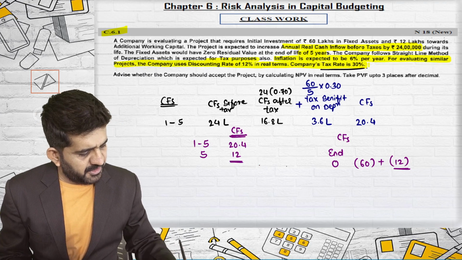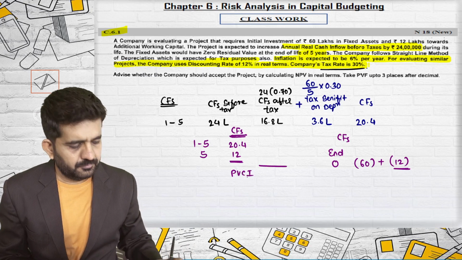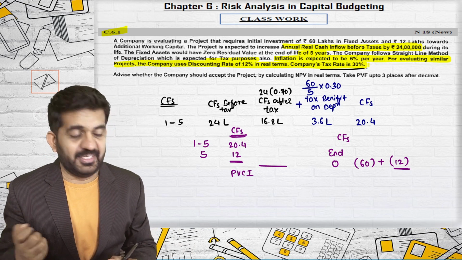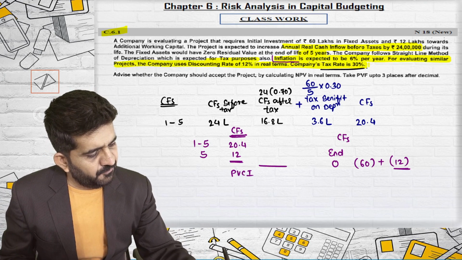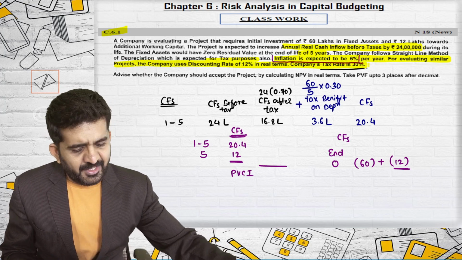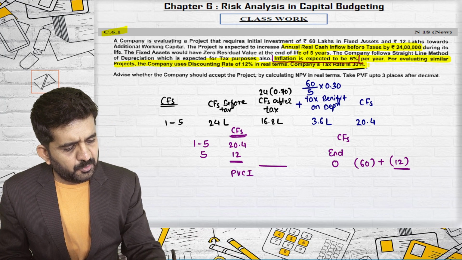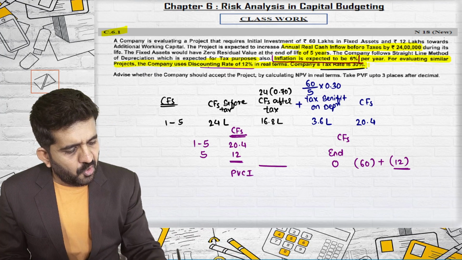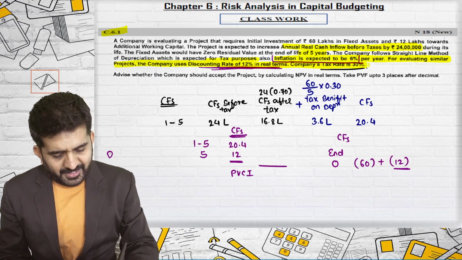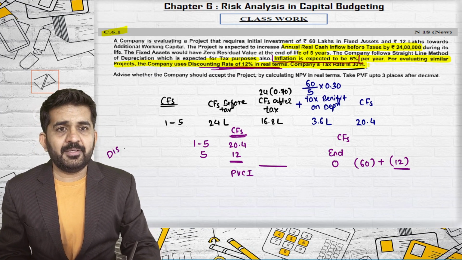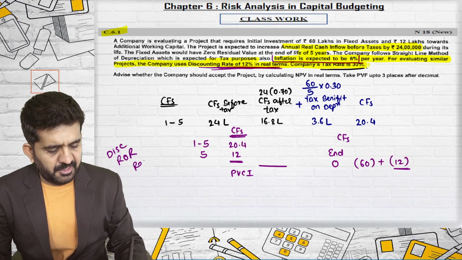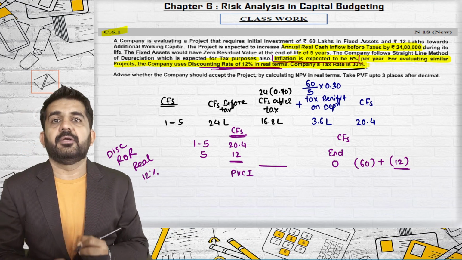I need to find out present value of cash inflow. Now, here there is a problem. There are 2 or 3 rates which are given. Inflation is expected to be 6%. For evaluating the project, company uses discount rate of 12% in real terms. So my discount rate of return in real terms is 12%.